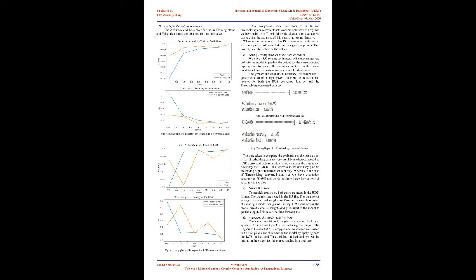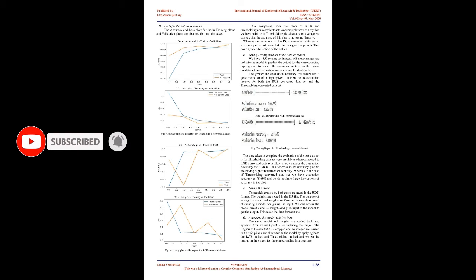B. Creation of model. From the above 2, we got the dimension of training data as 82,650, 64, 64, 3, and testing dataset as 4,350, 64, 64, 3, for RGB converted images.